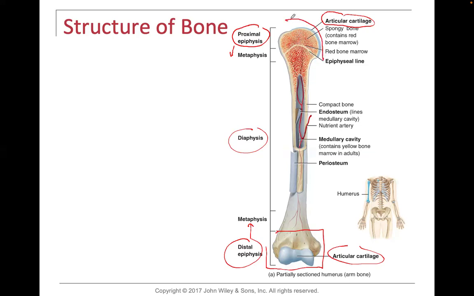This is the male end, and this is the female end. That would be the glenoid fossa or glenoid cavity. Down in here, we have this section here and this section here are going to articulate with the radius and the ulna.